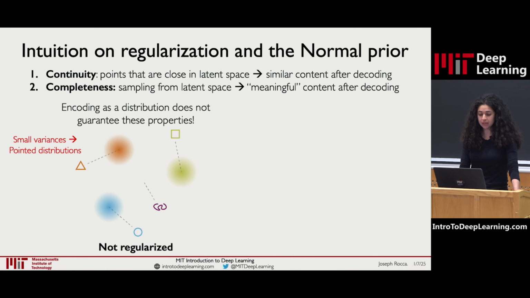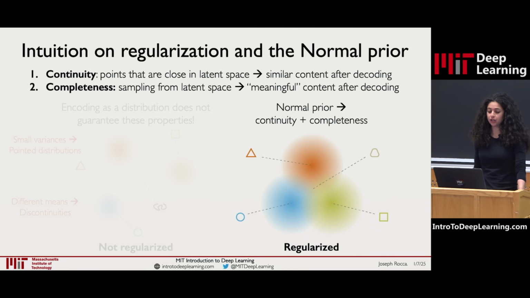What is important to keep in mind is that just choosing some probability distribution doesn't necessarily guarantee these properties. Without a good term and a good prior for regularization, we could still have issues with the quality of our latent space.